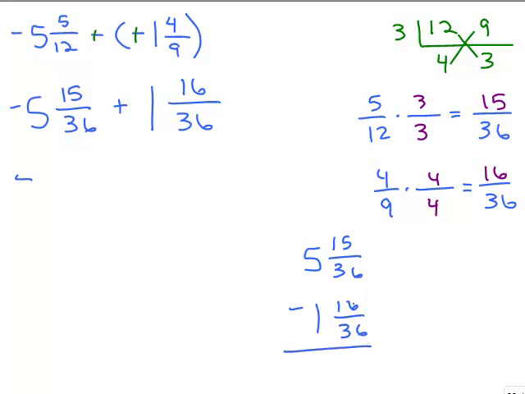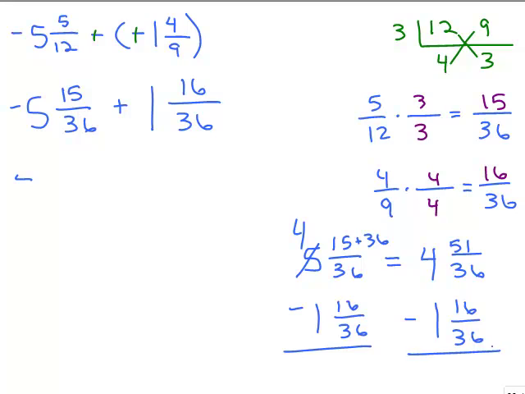Well, you can't do 15 minus 16, so again, you're going to have to borrow. So if you want to keep it as mixed numbers, if you borrow from that, this will be a 4, right? And then you have 1 and 15/36, which basically means you get to add a 36 to that numerator, which is a 51/36 minus 1 and 16/36.